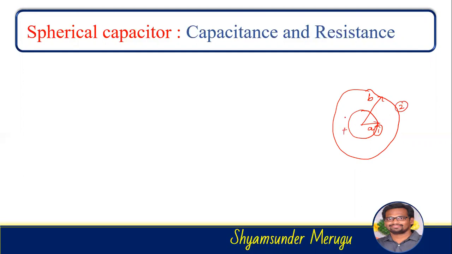The inner sphere has positive charge on its surface, and the outer sphere carries the negative charge on its surface. We consider that the outer sphere radius B is greater than the inner sphere radius A, and the overall radius of the spherical structure will be between A and B.